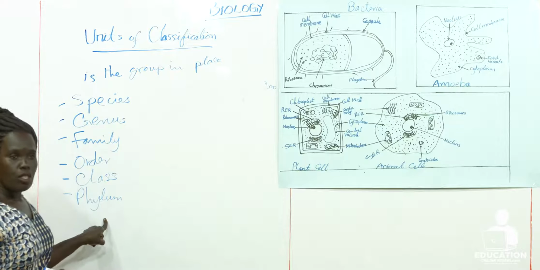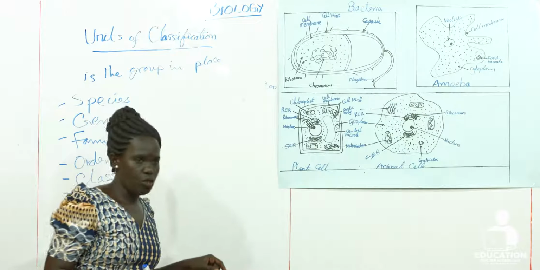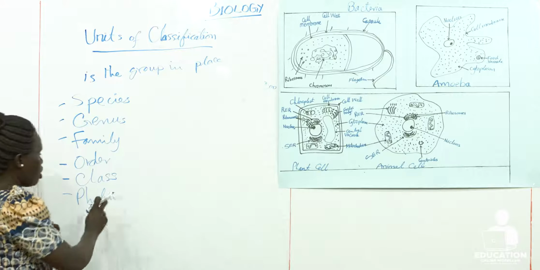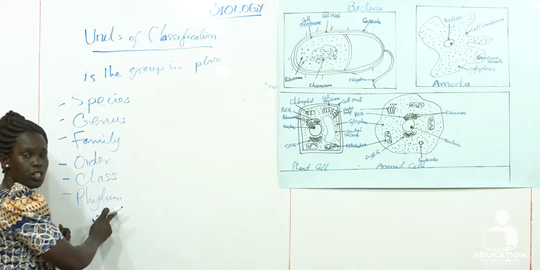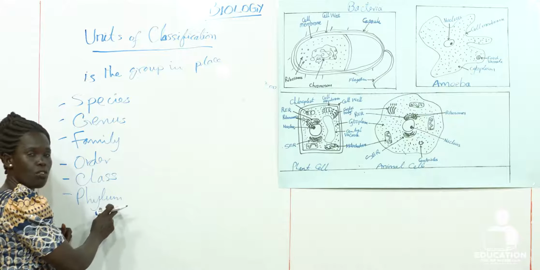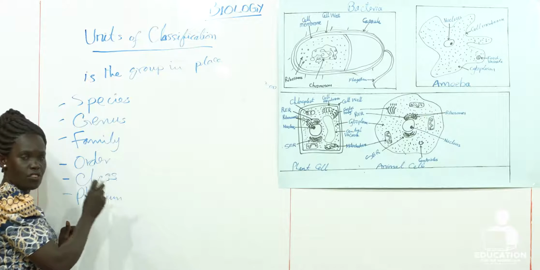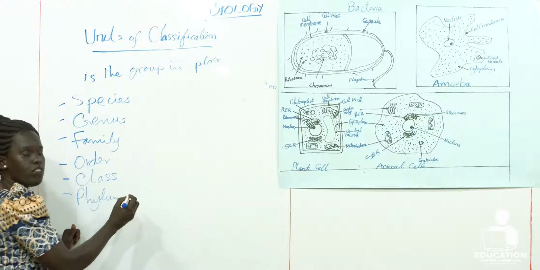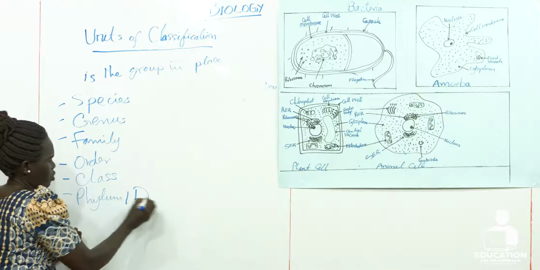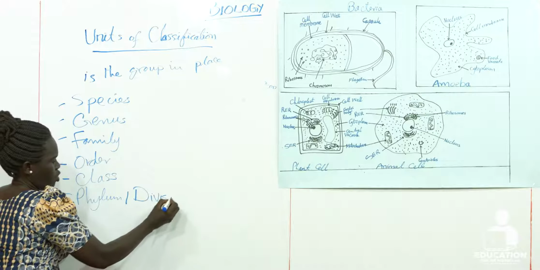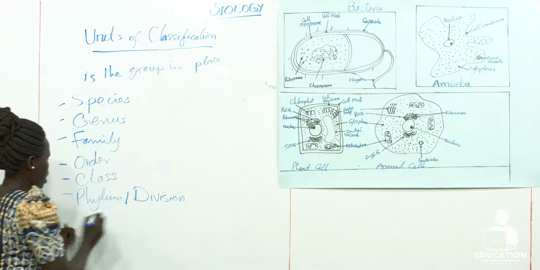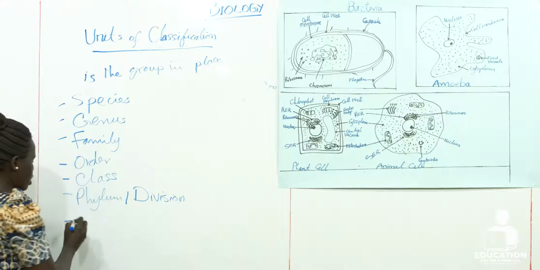Phylum is used for classification of animals. If it is classification of plants, we use division. Then the largest group is kingdom.